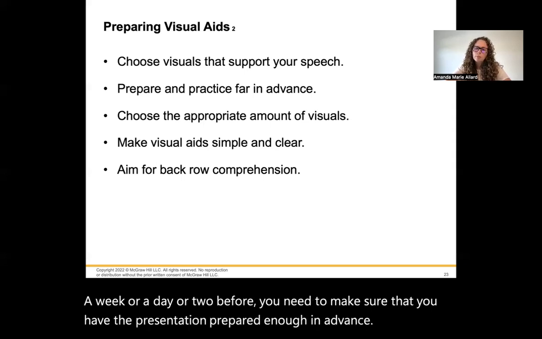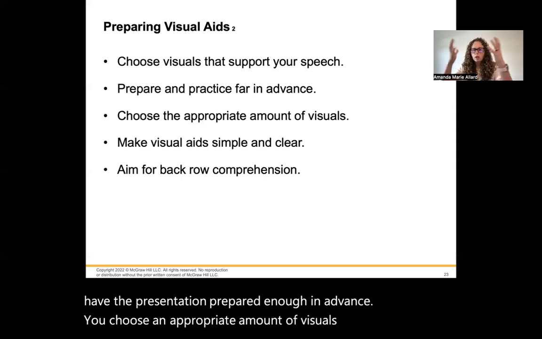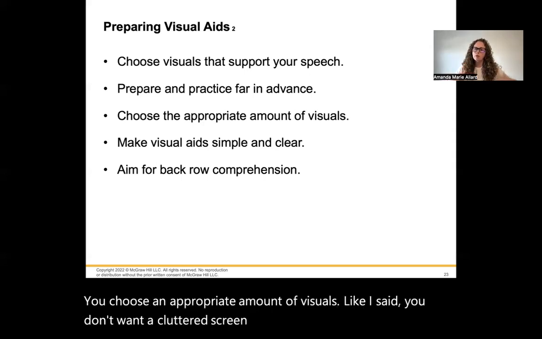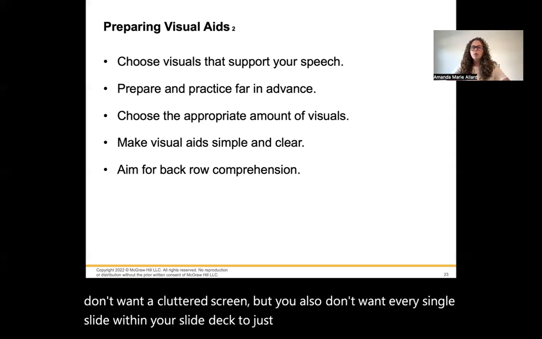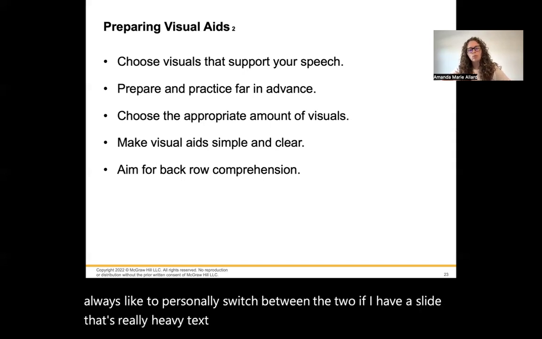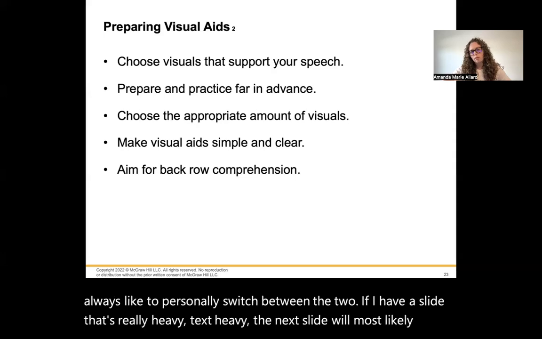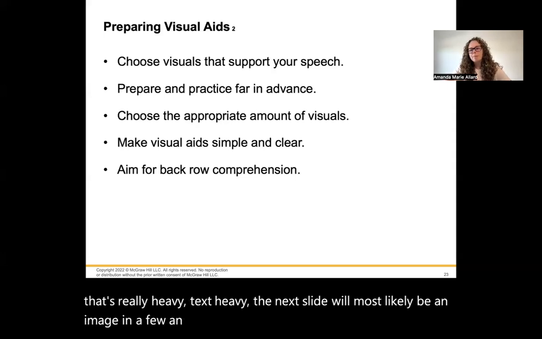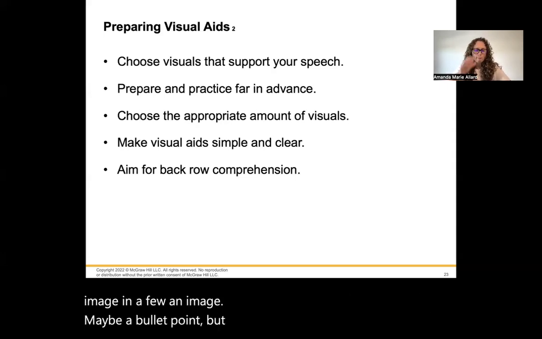You choose an appropriate amount of visuals. Like I said, you don't want a cluttered screen, but you also don't want every single slide within your slide deck to just be visuals. I always like to personally switch between the two. If I have a slide that's really text heavy, the next slide will most likely be an image, maybe a bullet point, but not much more.